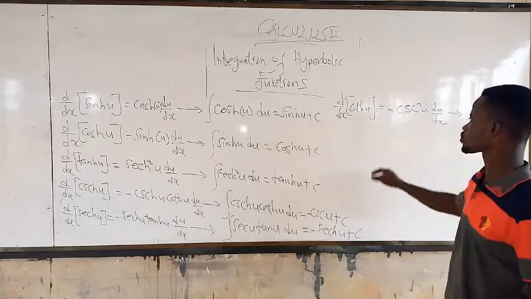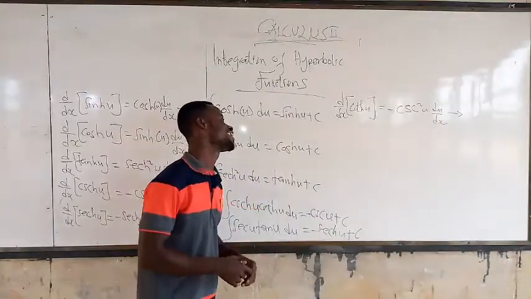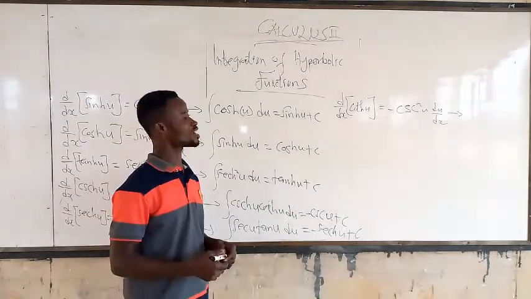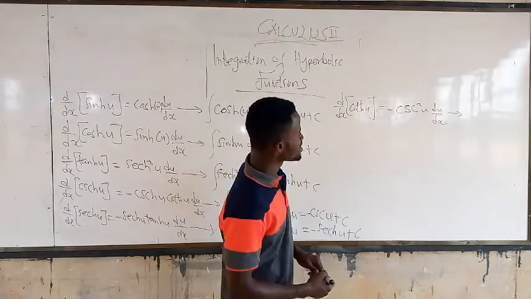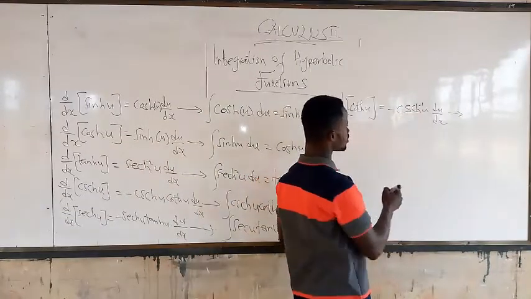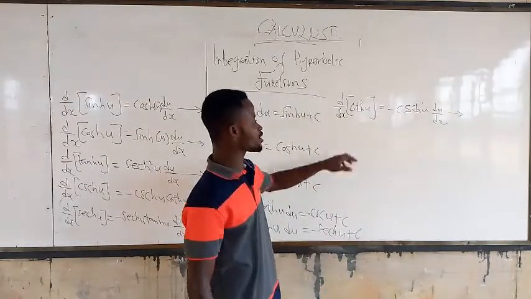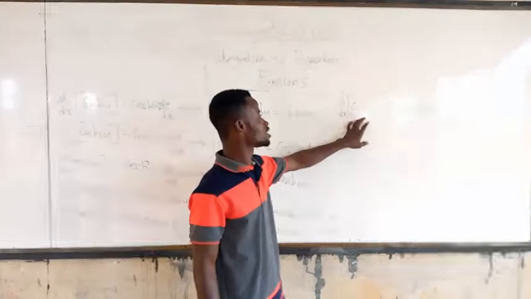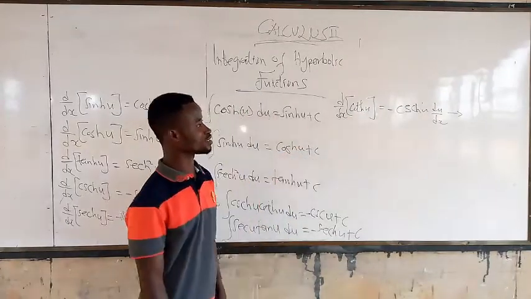What is left? That is cot u. When you differentiate cot u, you are going to get negative cosec squared u.